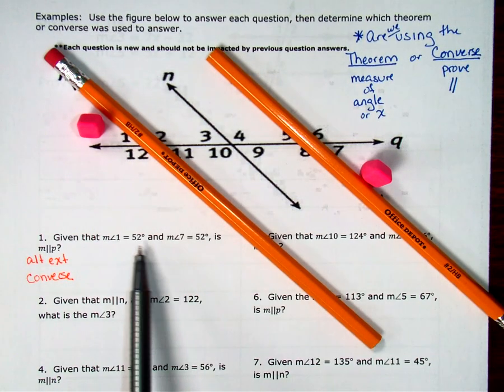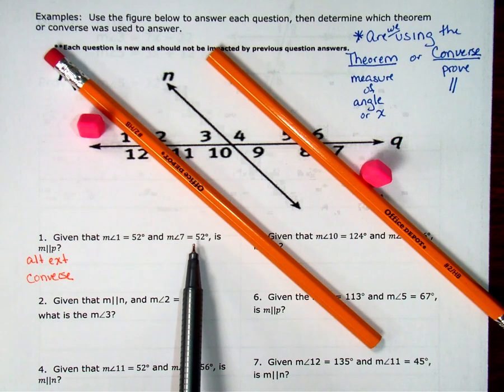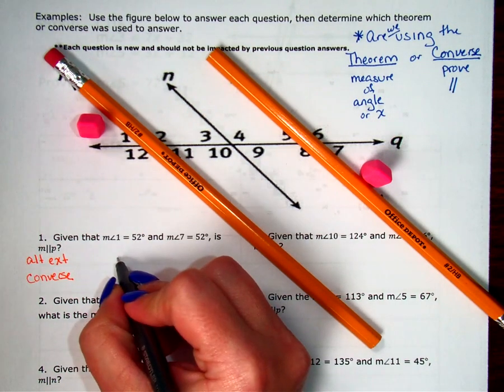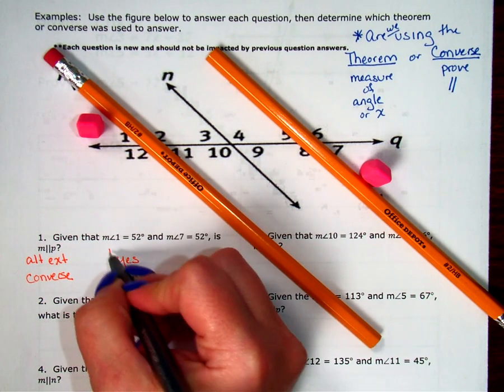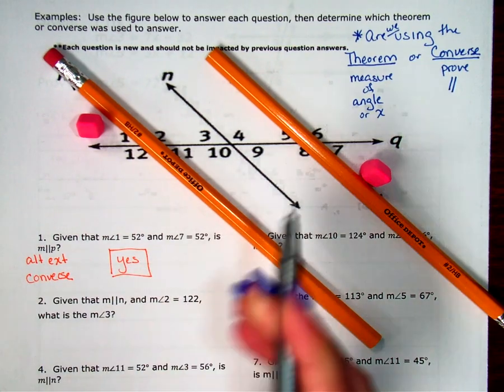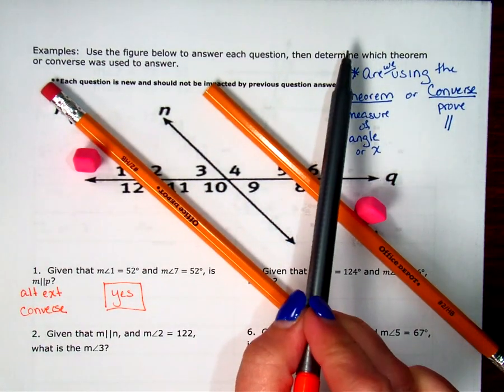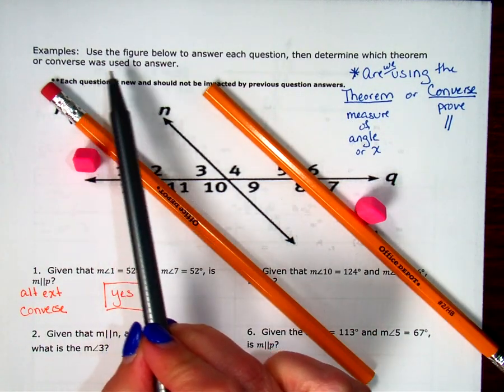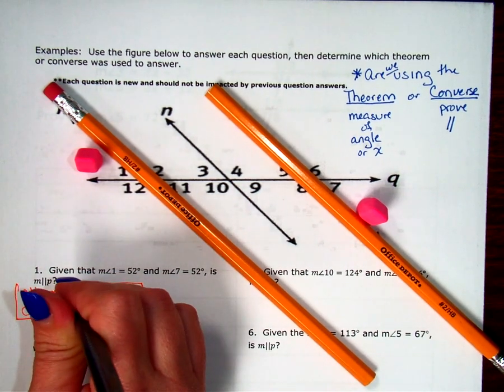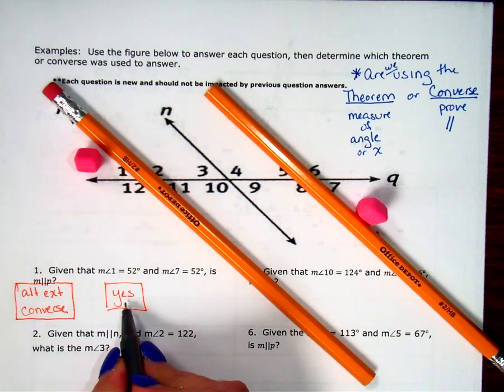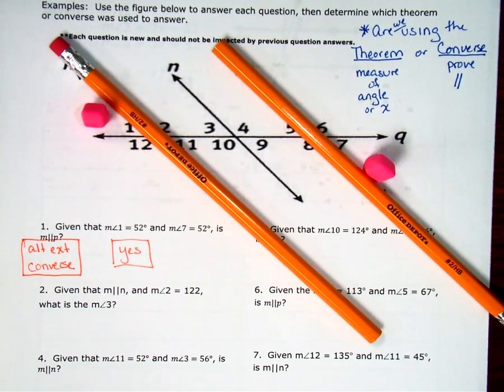So angle 1 and angle 7 are both 52. So I can say yes, by the alternate exterior converse. We want to have both of these answers because it does say up in the directions, determine which theorem or converse was used to answer. So we used this converse to give the answer of yes.